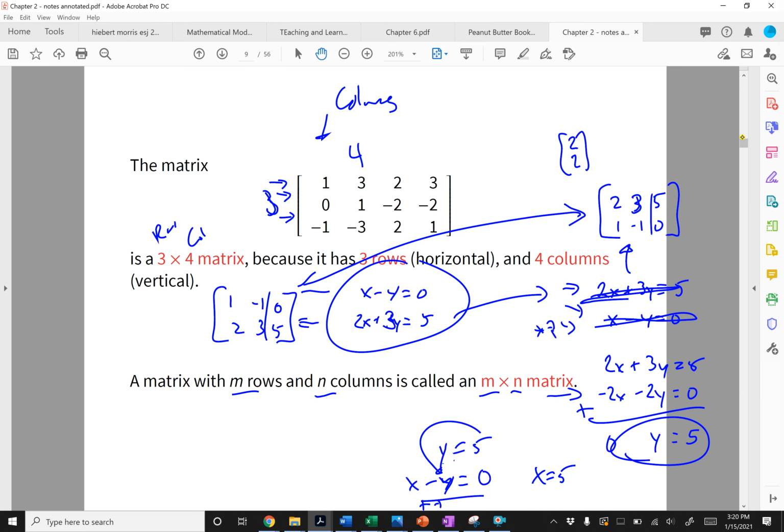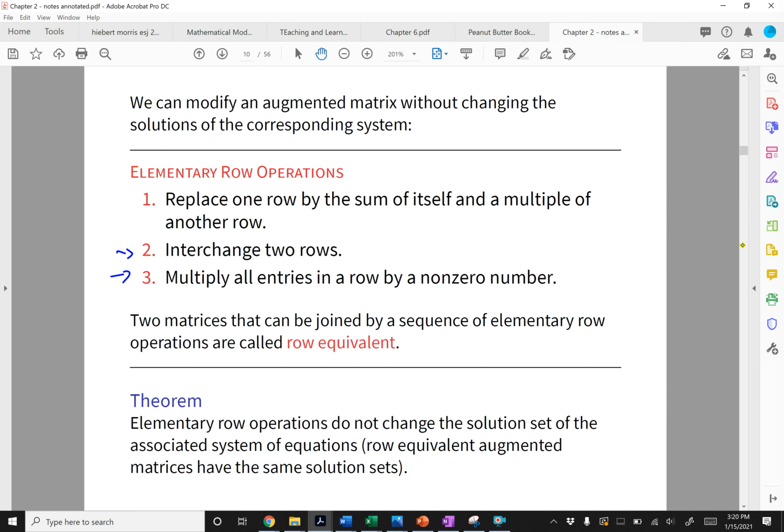So we did take one row, multiplied it by a minus 2, then we added it to another row, we added it to that first row, and we got a new equation. And this says we can take this new equation and replace it with one of these rows. So with the operation, 2, 3, 5, 1, minus 1, 0, this is row 1, this is row 2.